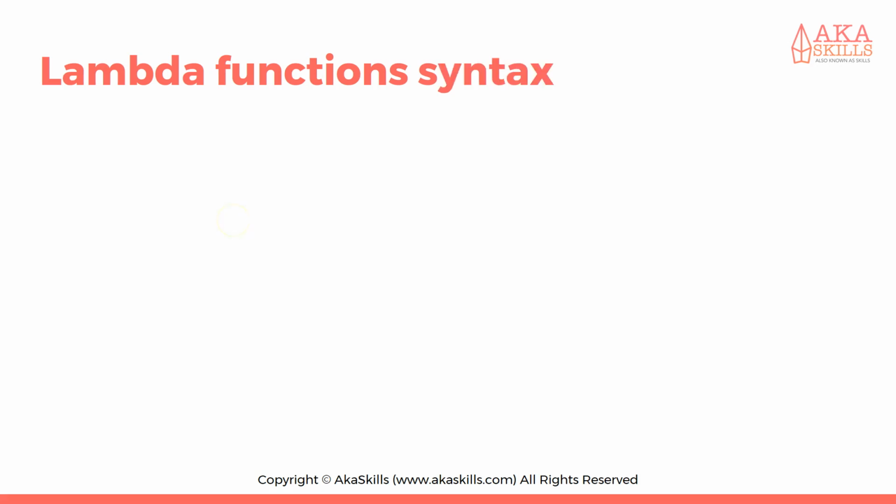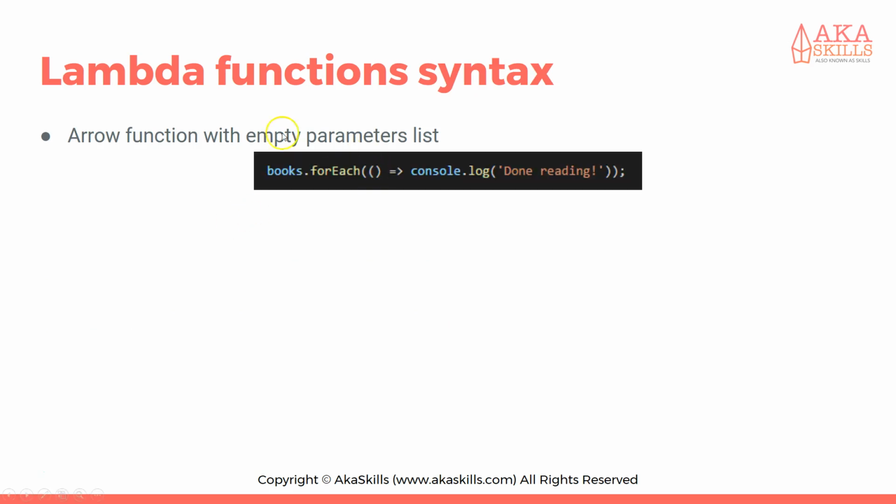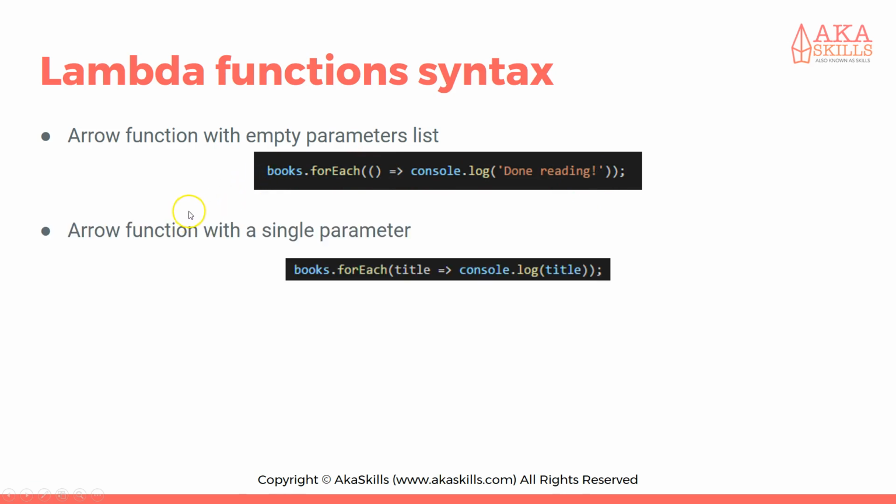Now, the arrow function syntax. Well, arrow functions with an empty parameters list. Then we'll say books.forEach, empty brackets, goes to console.log done reading. And here's an arrow function with a single parameter. Then I'll say books.forEach, title goes to console.log title, and with multiple parameters.